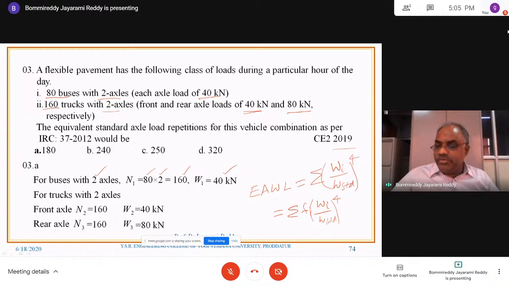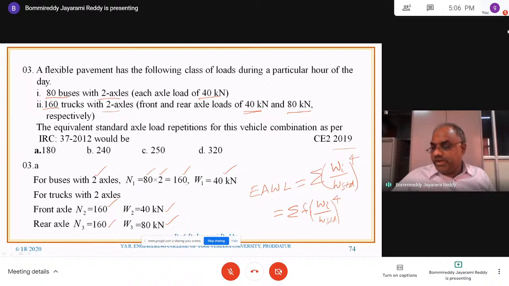Then for trucks with 2 axles, how many trucks are there? 160 trucks means 160 axles of 40 kilonewton load, and again 160 axles of 80 kilonewton load are passing. So it is N1 160, N2 160, N3 160 number of axle loads are passing. One is 40, another one is 40, one more is 80 kilonewtons.